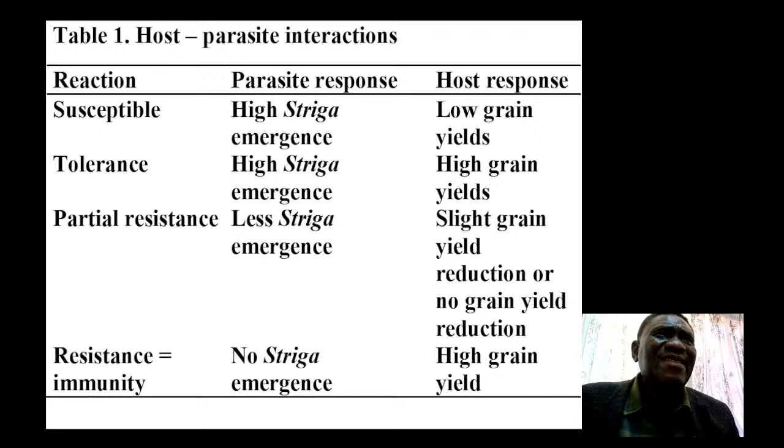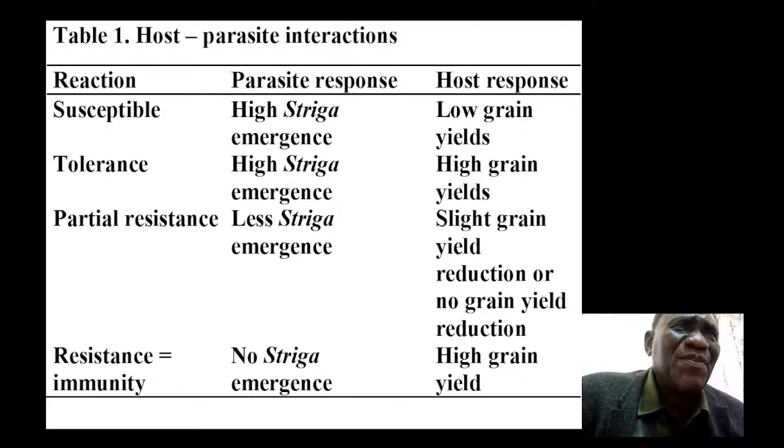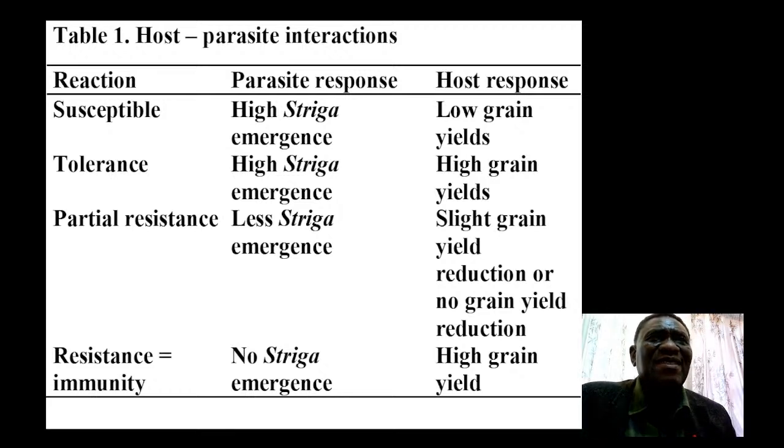Partial resistance, you have less Striga emergence and slight grain yield reduction or no grain yield reduction. Probably these are the sort of varieties which we need. Resistance or immunity, no Striga emergence, high grain yield. If we can get such a variety, that could be very useful.